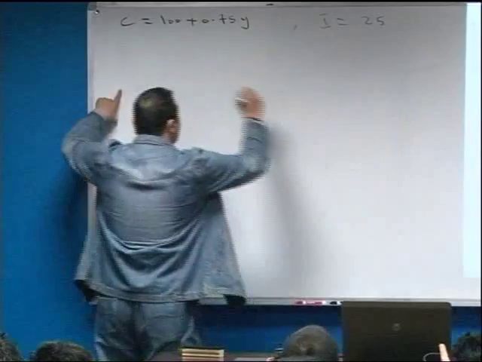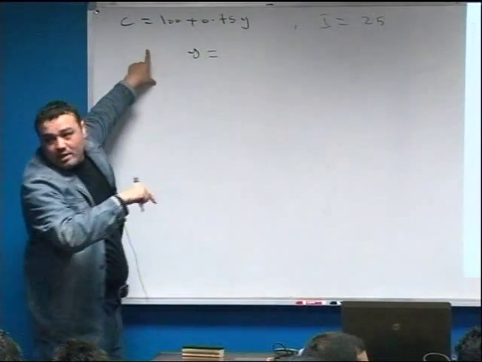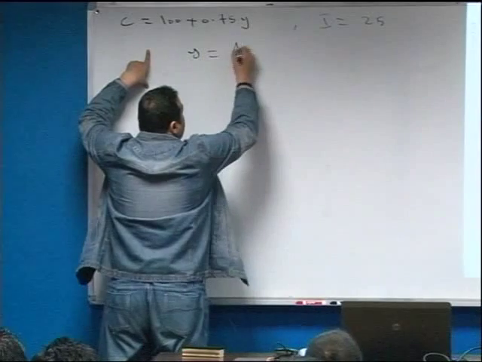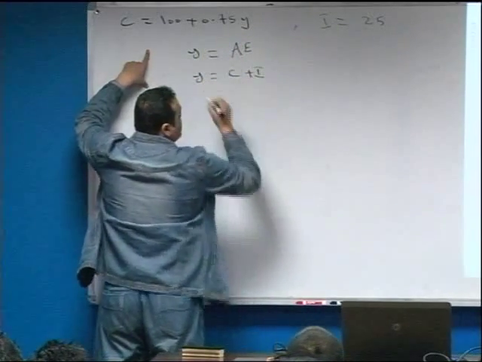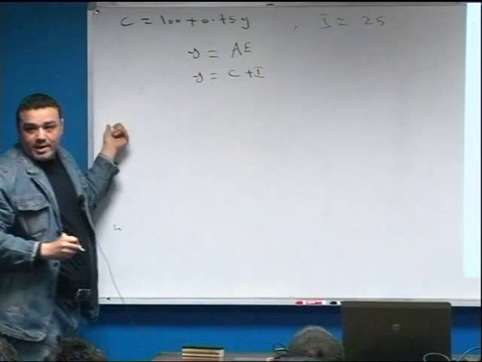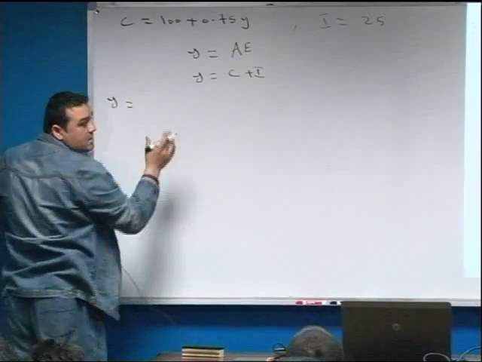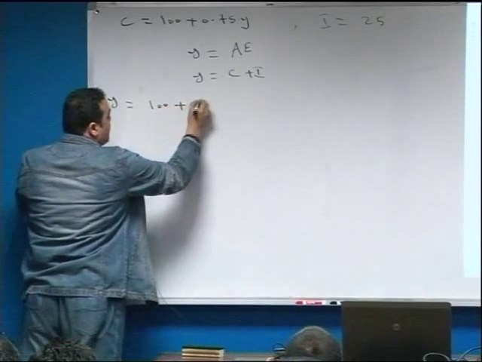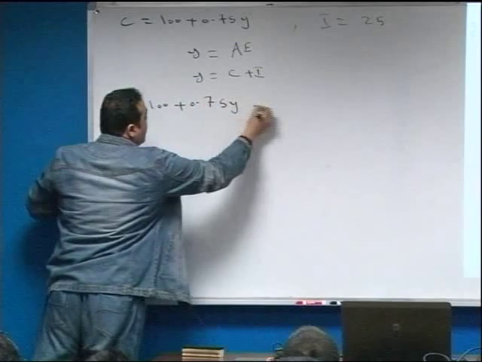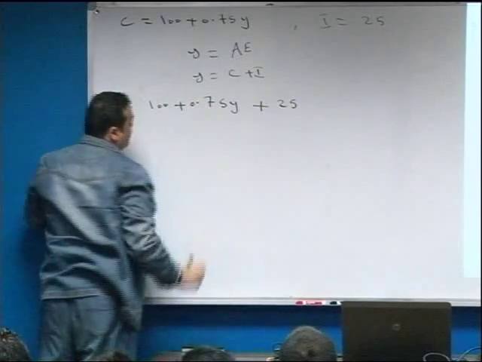As you know, at equilibrium, y must equal aggregate expenditure, or y equals C plus I. So by direct substitution, y equals 100 plus 0.75y plus the planned investment of 25.